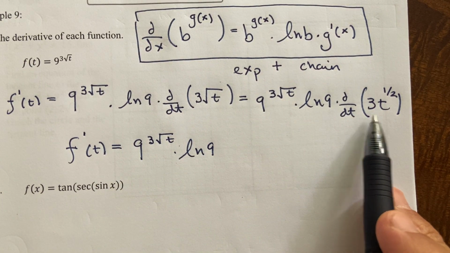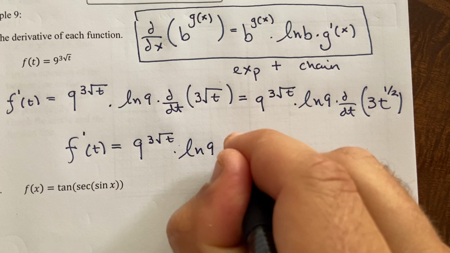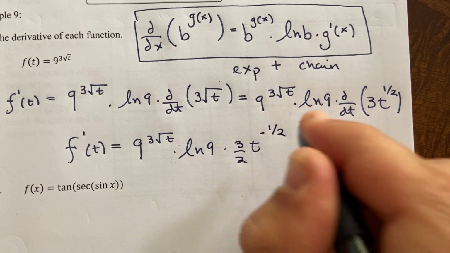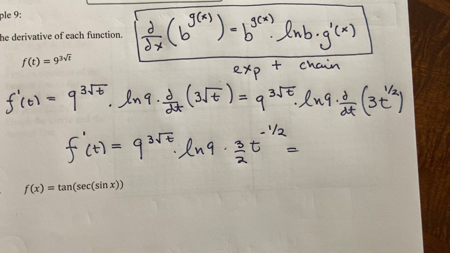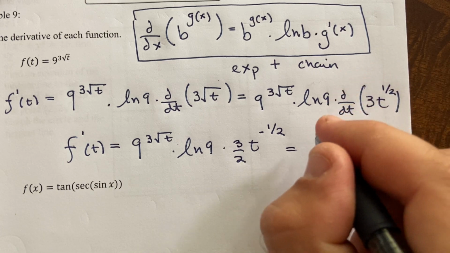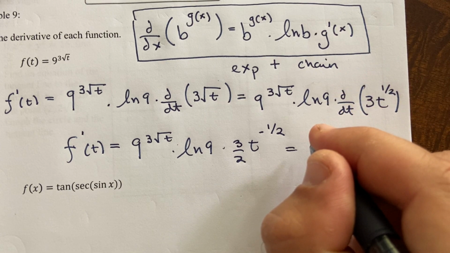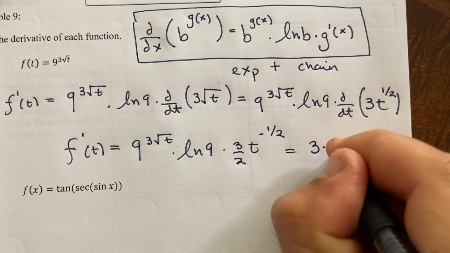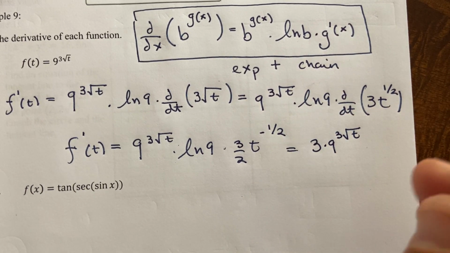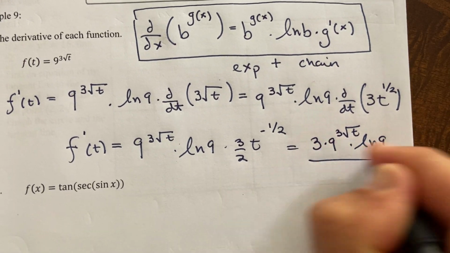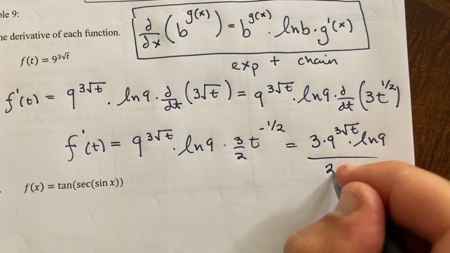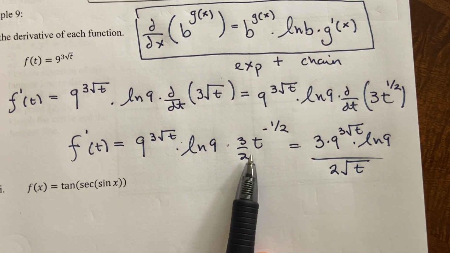And then this derivative, so 3/2 t to the negative 1/2. So simplifying all this stuff, I'll write it as 3 times 9 raised to the 3 root t times ln of 9 over, there'll be a 2 root t from this piece.